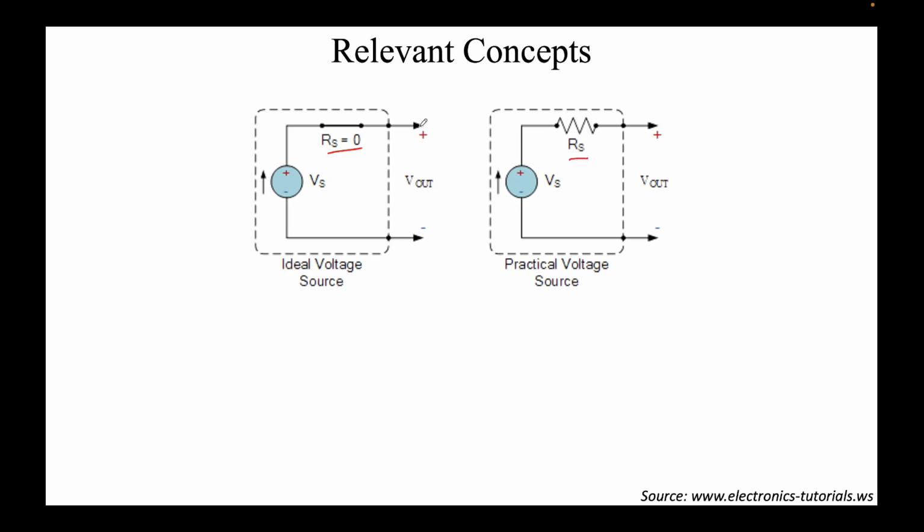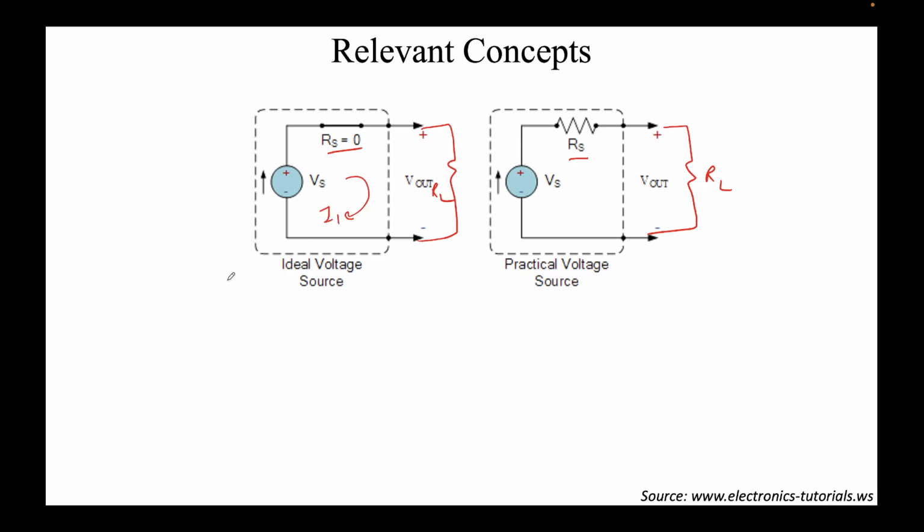Now, let's apply a load RL to both of these power sources, and let's try to calculate what power is delivered to these sources. Now, here, let's assume a current I1 is flowing through this circuit.